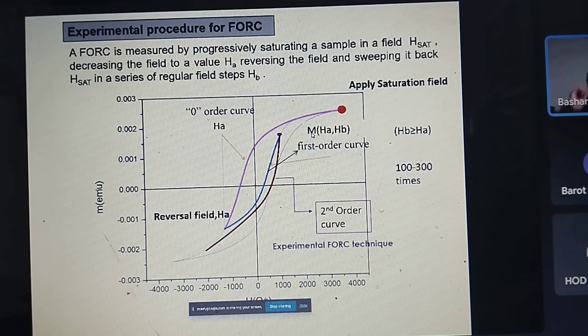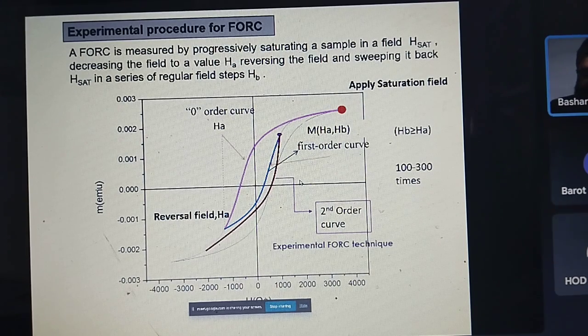But what happens if we change this scenario? Once we saturate a sample, after saturating it, we start reversing our magnetic field, but we don't go to the complete reversal, the complete opposite direction. At one point of reversal, we switch back. So we define a reversal field.